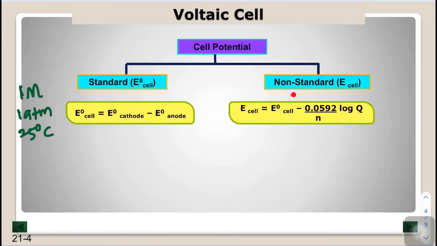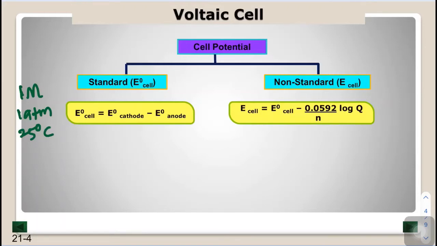If the system is not at the standard condition, where any one, two, or all do not follow the standard condition, for example the concentration is not 1 molar, the pressure is not 1 atm, or the temperature is not 25 degrees C, then the cell potential is calculated using the Nernst equation.